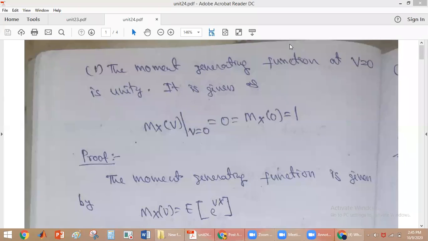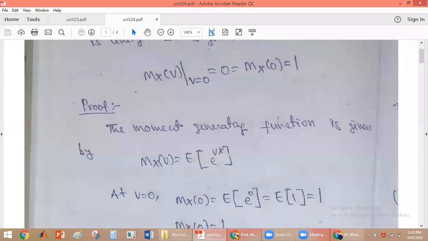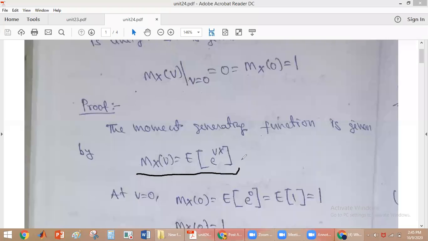And here we'll see the proof. What is the moment generating function? It is given by M_X(v) equal to the expected value of e power vX. Now in this we substitute v equal to 0. So what do we get? M_X(0) is equal to the expected value of e power 0.